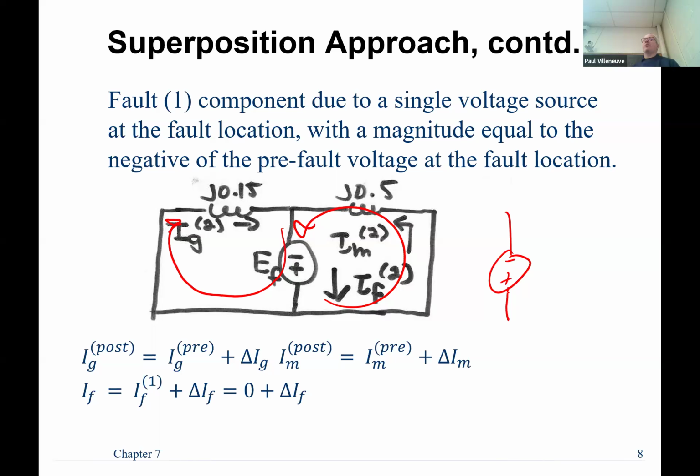Rhymes with Thevenin and starts with a T. Is that a big enough hint? How about Thevenin? If I can solve for the Thevenin equivalent, those are equivalent to each other. So all I need is a Thevenin equivalent impedance seen by that additional source to calculate the fault current.